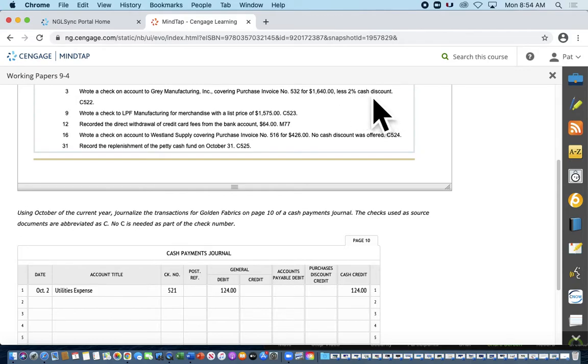Now, with this, we have a 2% cash discount. So they don't tell us how much to take. So we're going to need a calculator. We're going to have to take 1,640. We need to figure out what our discount is. So this is our cash discount of $32.80.